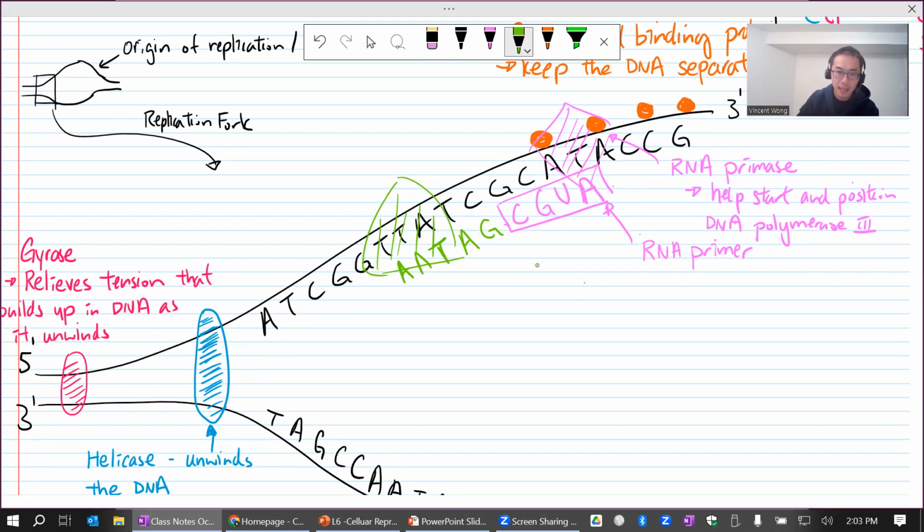A, and then it's just gonna keep on going and going like that. Now, the second problem is that it only knows how to build in 5' to 3' direction, right? So this is the 5', and this is the 3' right here. Okay, you see, it is anti-parallel with the parent strand.